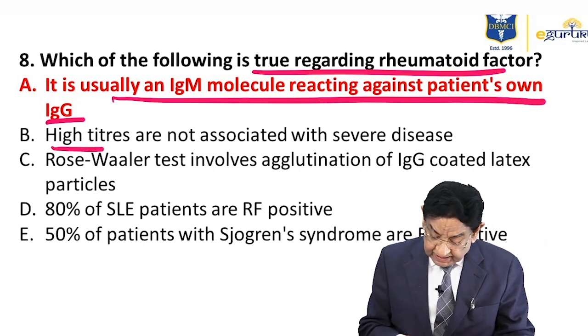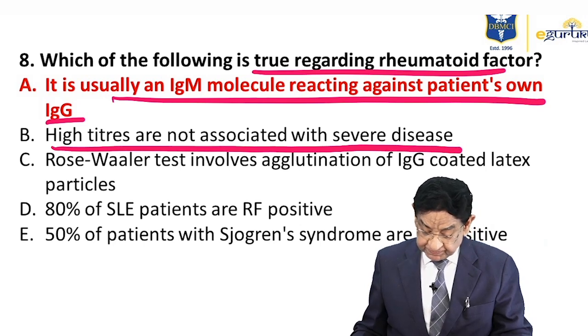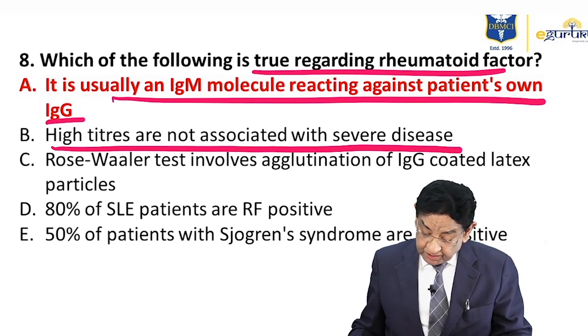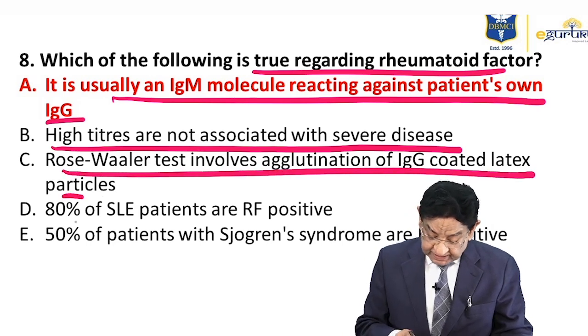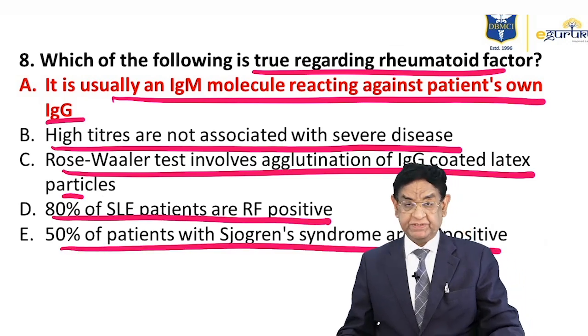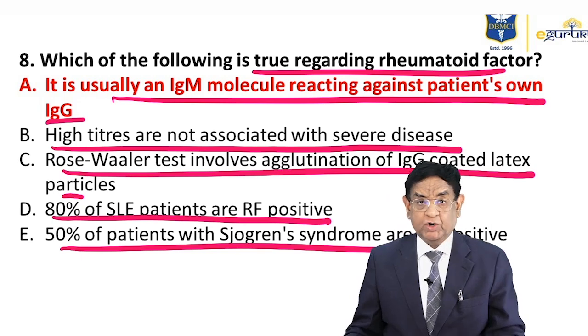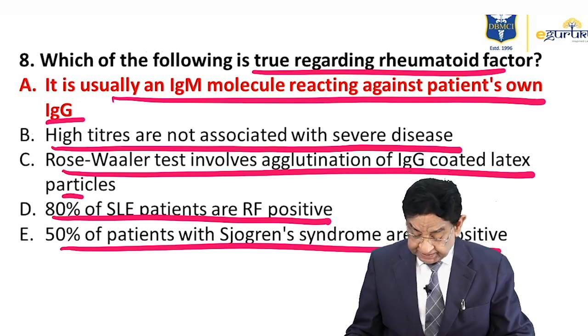High titers are not associated with severe disease. Rose-Waaler tests involve aggregation of IgG. 80% have positive and 50% are RF positive. There are other options as well. Let's look into these options individually.